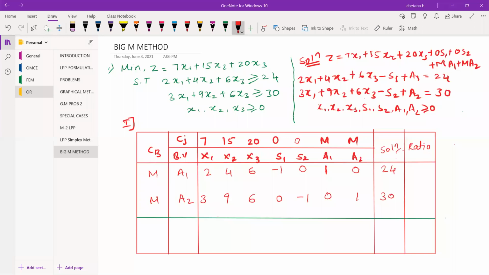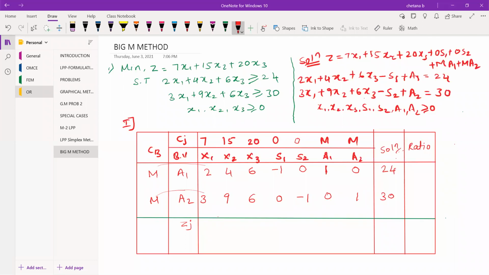After that comes the first calculation part, that is Zj. What is the equation for Zj? It is the summation of CB into Aij, that is this into this plus this into this.